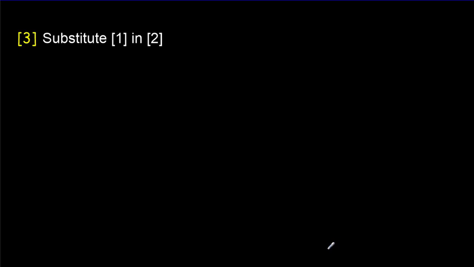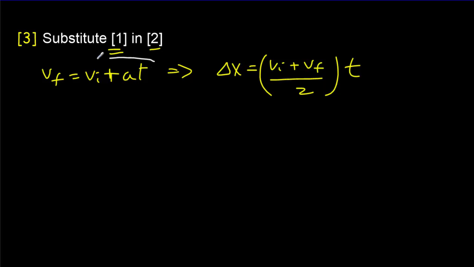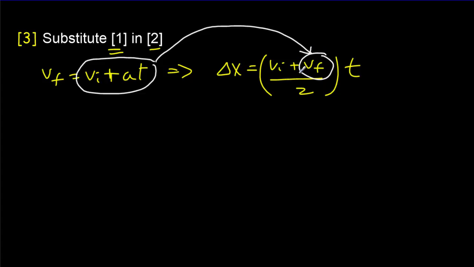Now, if we want to derive equation 3, what we do is we take equation 1, VF equals VI plus AT, and we're going to substitute it into equation 2. So where I see VI plus AT, I'm going to use that and substitute it in for VF right here.